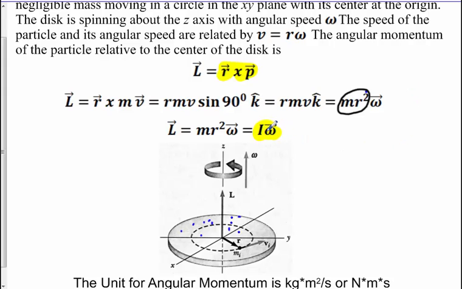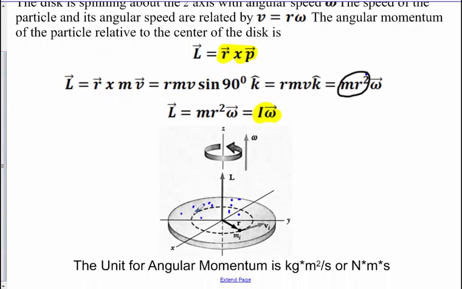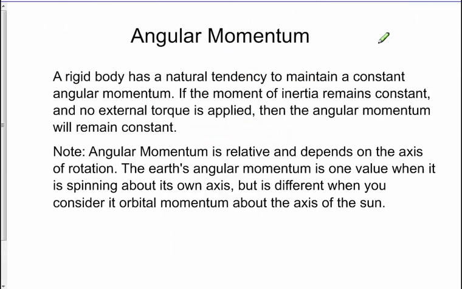So that's where this equation comes from, that the angular momentum is equal to I times angular velocity. And again, that's going to be for objects that rotate around their own axis that have moments of inertia. The units for angular momentum is going to be kilograms times meters squared over seconds, or you convert that to Newton meters times seconds. Let's talk about the conservation of angular momentum.